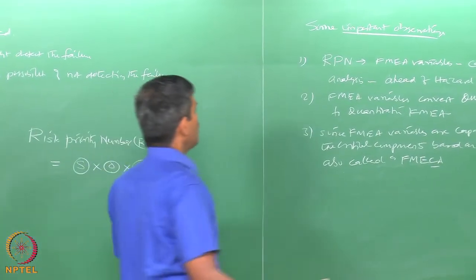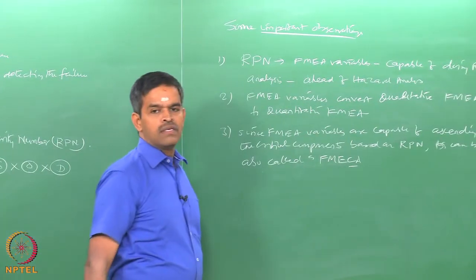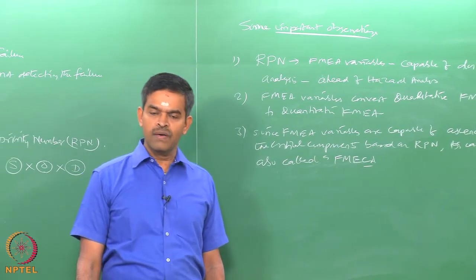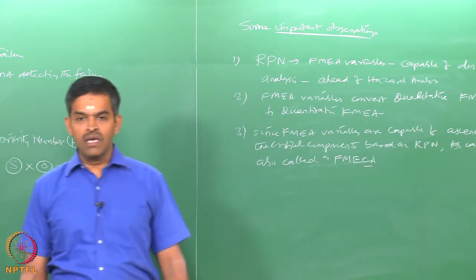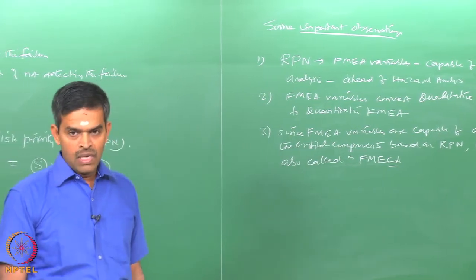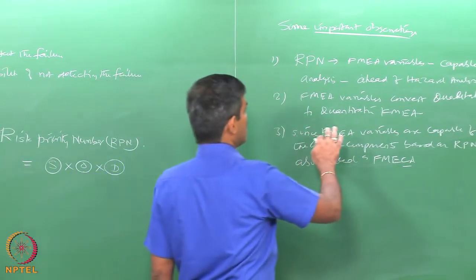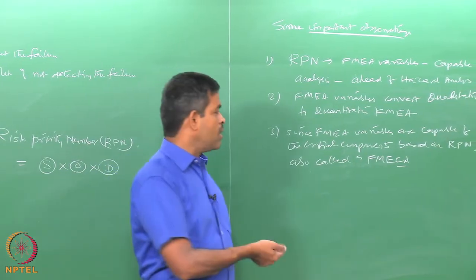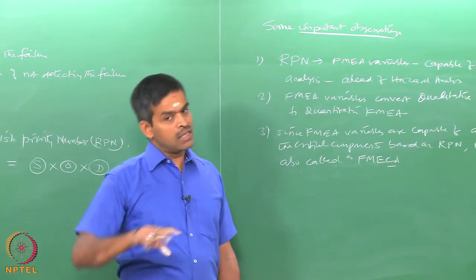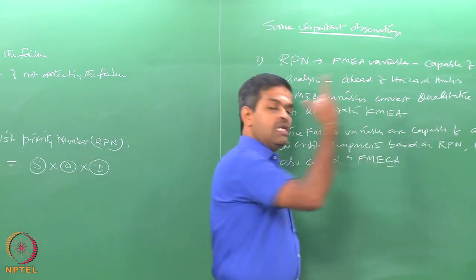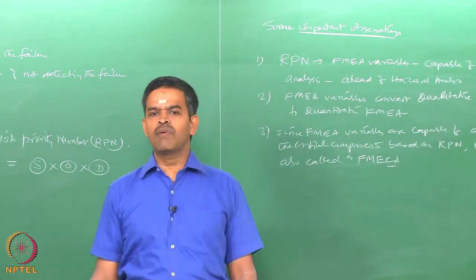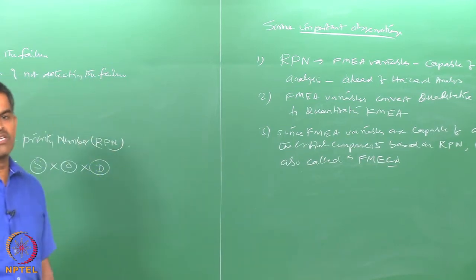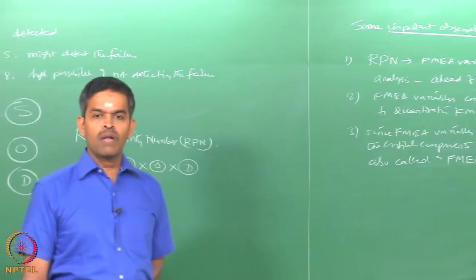If you do not include FMEA variables in the study, as we did in the last example of anti-skid braking system, that is also an FMEA study, but that is purely qualitative. If you include FMEA variables into the study and try to identify the risk priority of every component, then that can be called as FMECA also, because criticality of the component will be also addressed now based upon the risk detection or risk identification of each component on the overall performance of the failure.